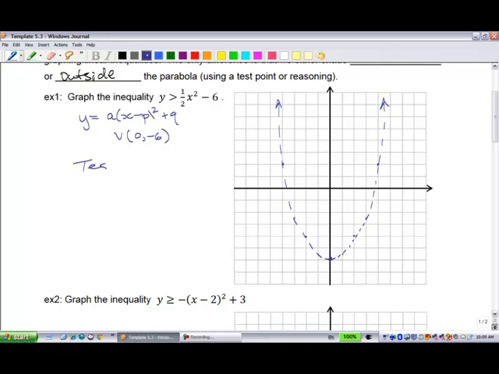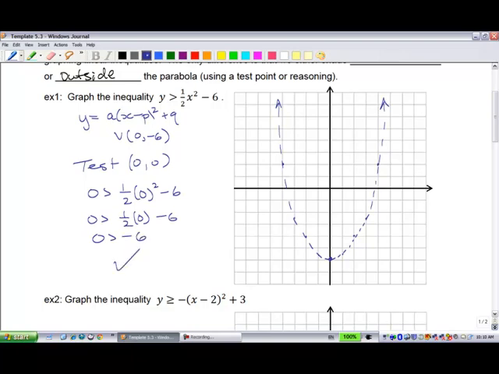Let's do this using maybe a test case. Let's test inside the parabola, and a point that's inside the parabola is certainly 0, 0. Again, similar to linear inequalities, it might be worthwhile to use 0, 0 as much as you can. We'll test whether 0 is greater than a half 0 squared minus 6. Half of 0 minus 6 is 0 greater than negative 6?